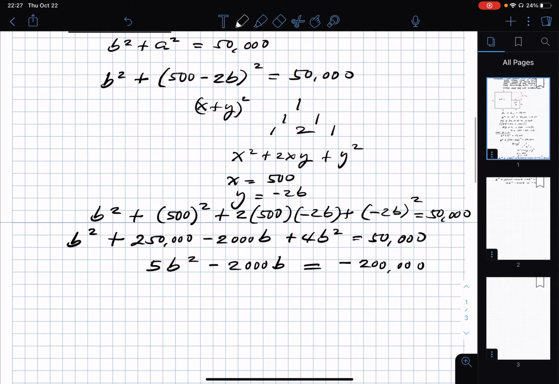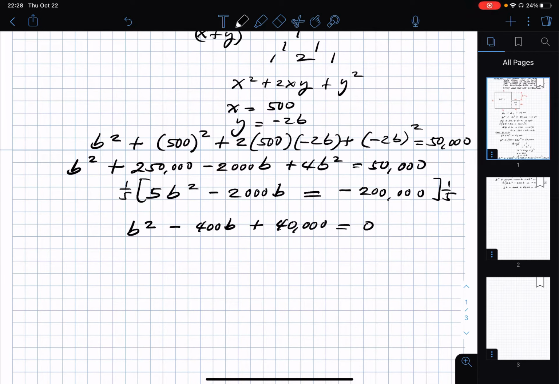So we can still simplify the terms by multiplying both sides by 1 over 5 or dividing by 5, and this will give you b squared minus 400b plus, transpose, 200,000 divided by 5, that is 40,000, equal to 0. Okay, so this is in the form of a quadratic equation.